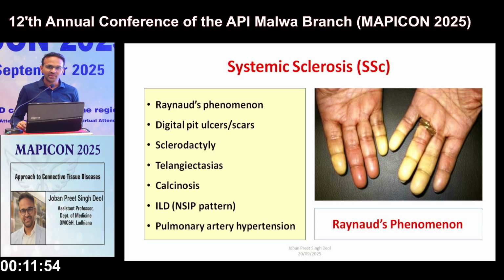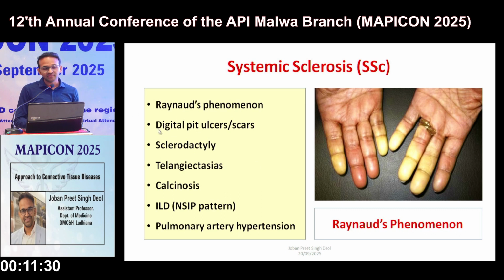So if there is no family history, if somebody is developing it beyond 20 years of age, or if there is involvement of the thumb, because generally in primary Raynaud's the thumb is spared, or if somebody is developing digital tip ulceration, then you should start thinking of secondary Raynaud's, and you must send ANA, because these patients can very well have connective tissue diseases.